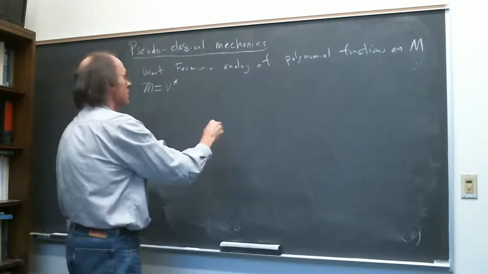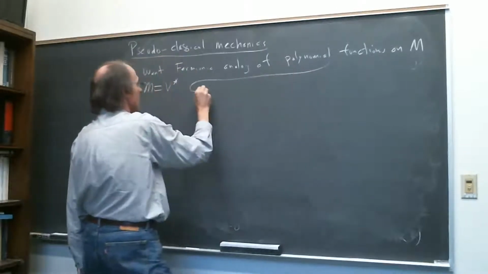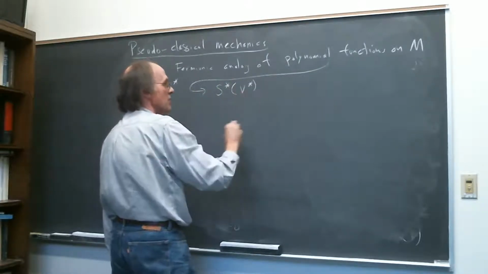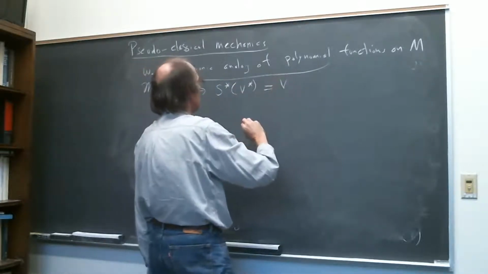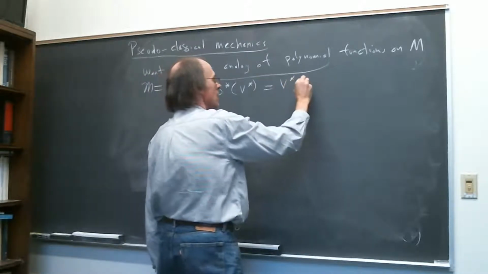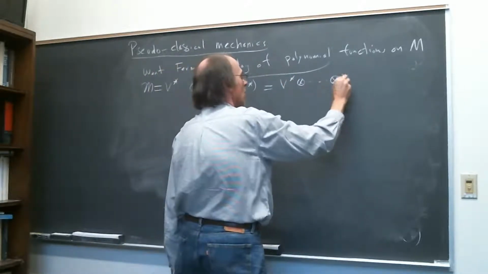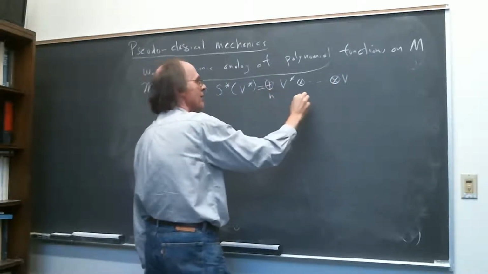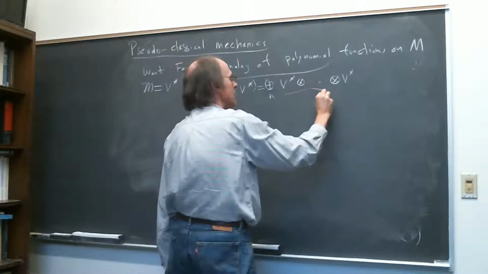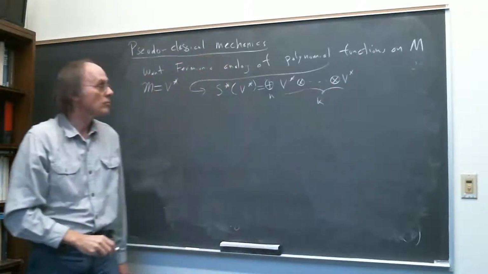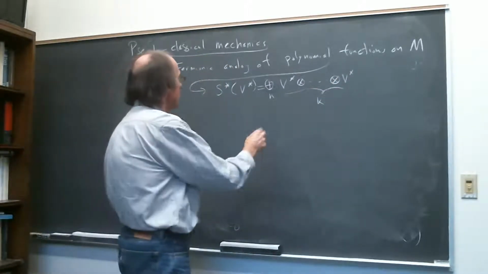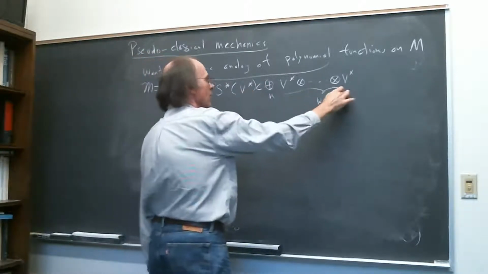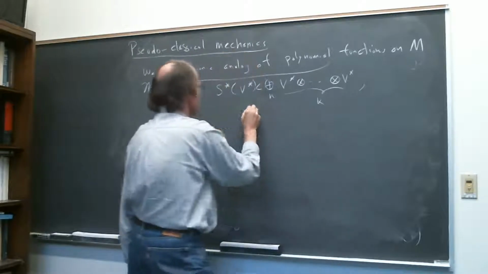So polynomial functions on M is S star of V star. You're taking the sum over all k of k copies of V star, and it's a subset of all of these, but it's the symmetric ones.